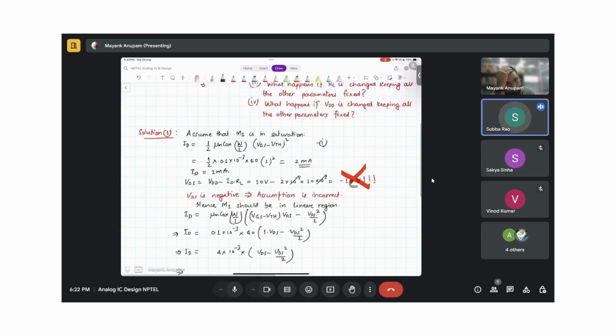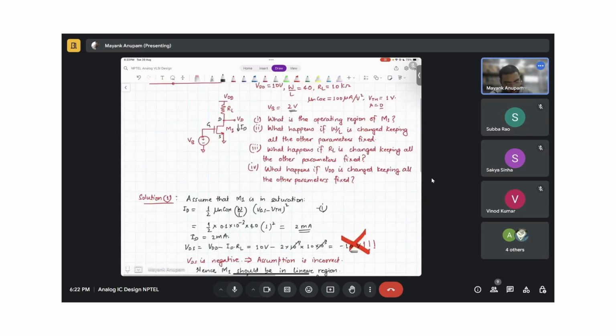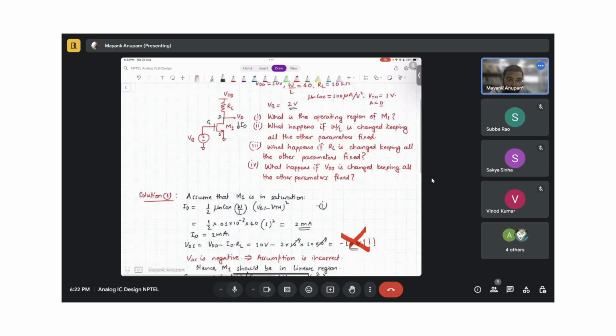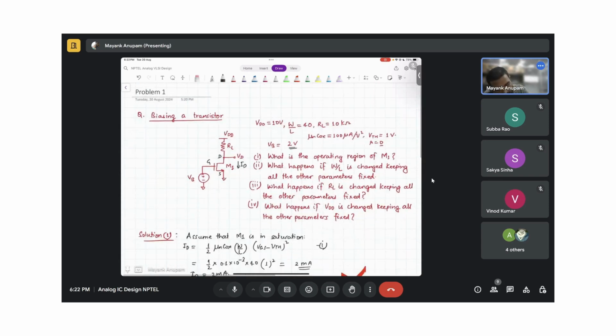If we know gm, we can. Yes, we know gm. No, no. We know that ID is equal to what? VDD minus VD upon RL, right? So in this case, this current ID is equal to VDD minus VDS divided by RL, right?